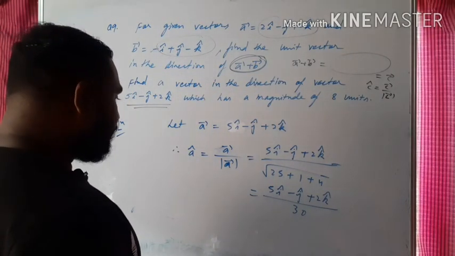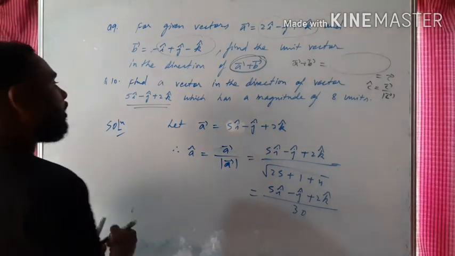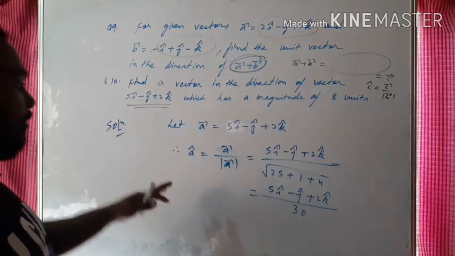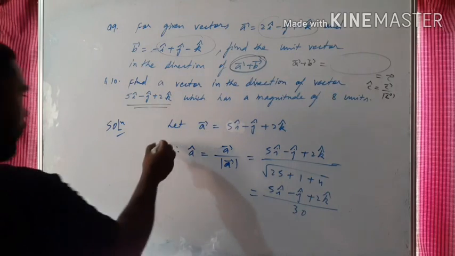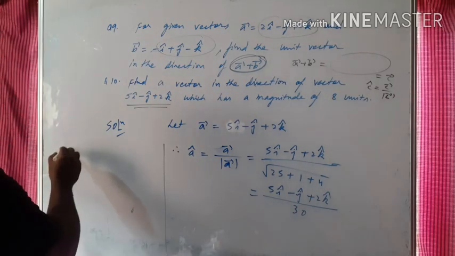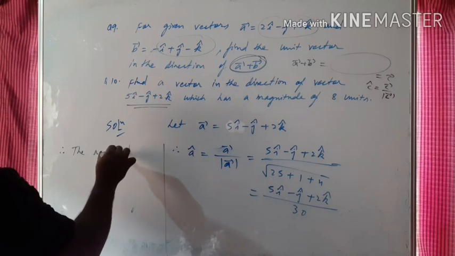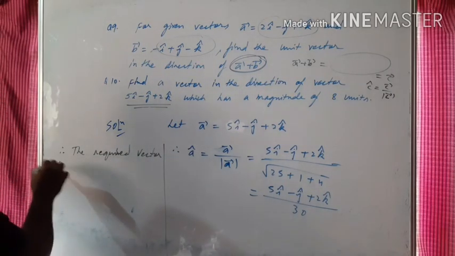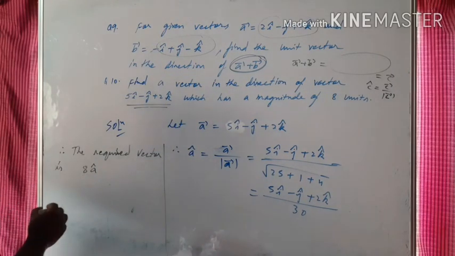Now I want to find a vector having magnitude 8 and is in the direction of this vector. So I have found the direction. So what will the required vector be? Therefore the required vector is nothing but 8 into a cap.